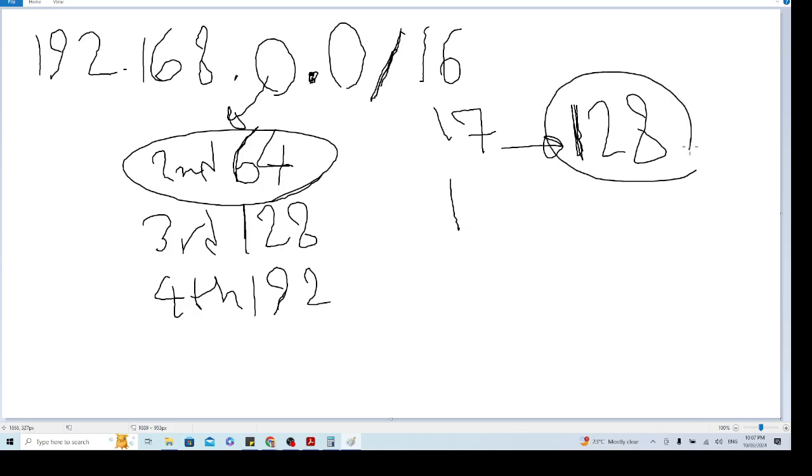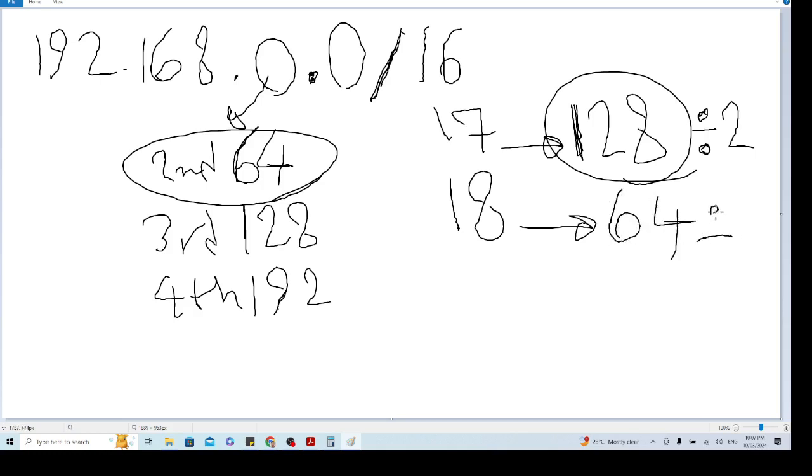So this 128 is divided into 2. /18 is 64, which is divided into 4.